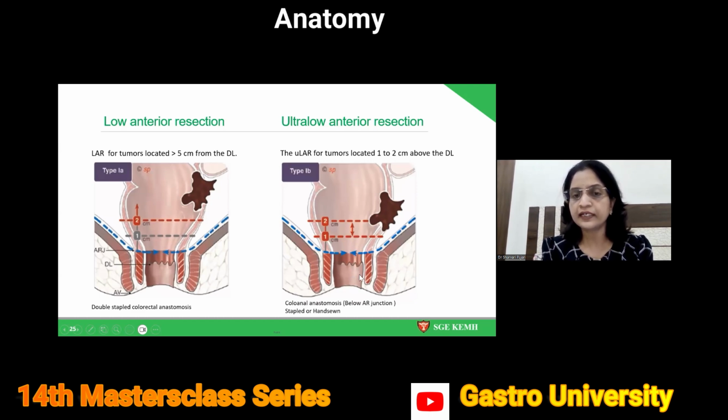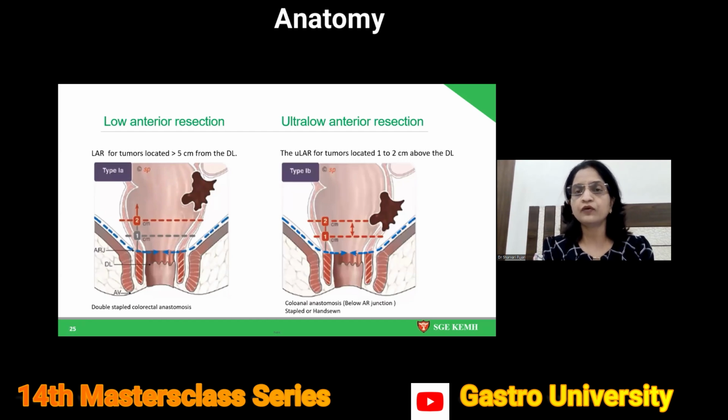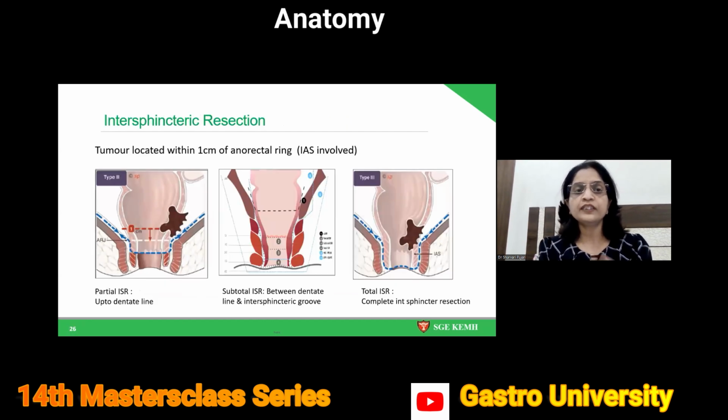Colon to anal canal anastomosis will be there, which may require a hand-sewn anastomosis, and then it is called an ultra low resection. If the tumor is further below this level, which involves the internal anal sphincter but spares the external anal sphincter, then we need to resect the internal anal sphincter, so it is called intersphincteric resection, and it can be a partial, subtotal or total intersphincteric resection, depending upon the level of involvement.